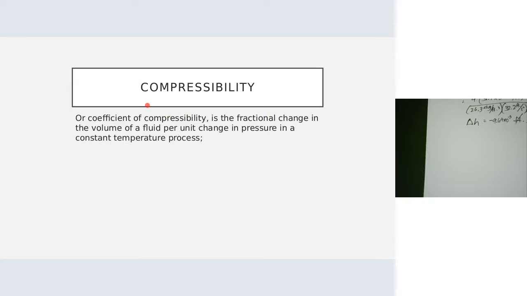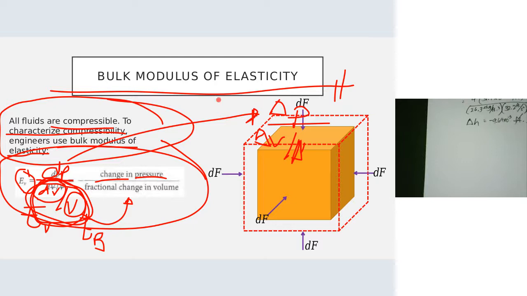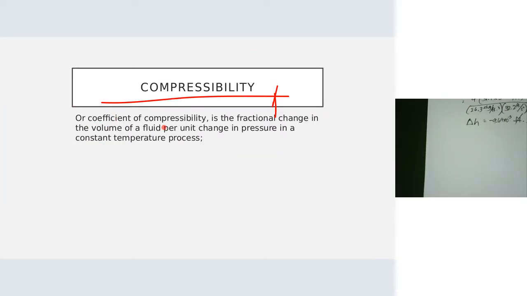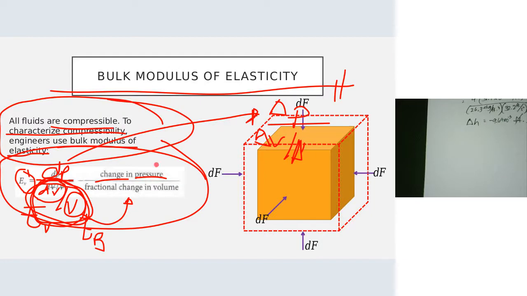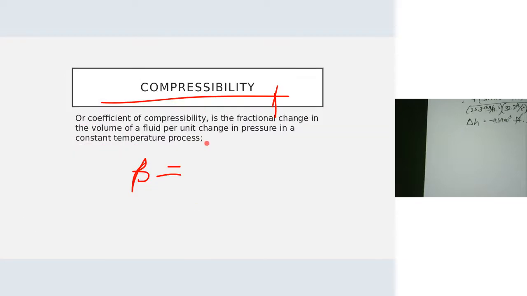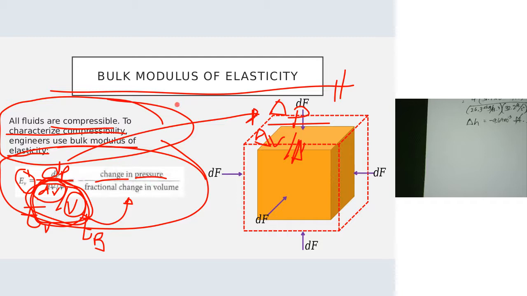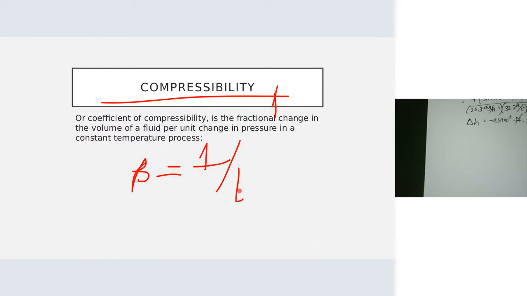And then we have another property which is very related to the bulk modulus of elasticity. So, compressibility. This is just the inverse of bulk modulus of elasticity. So to compute for compressibility, we have to divide 1 by the bulk modulus of elasticity.